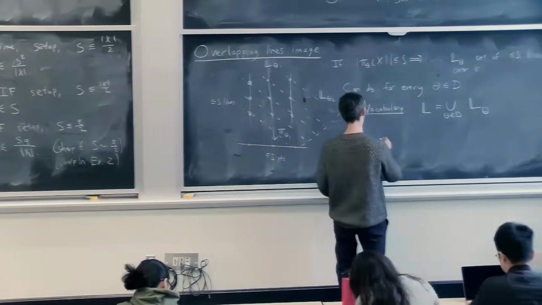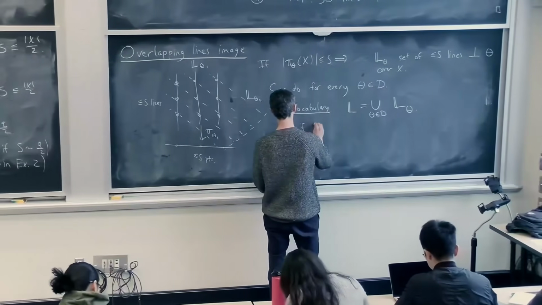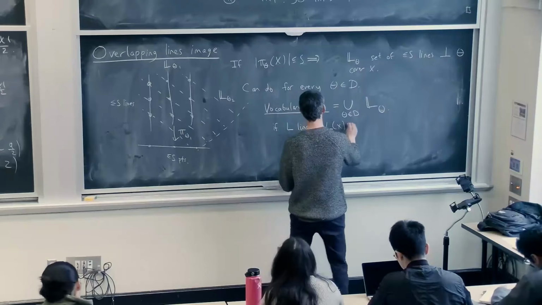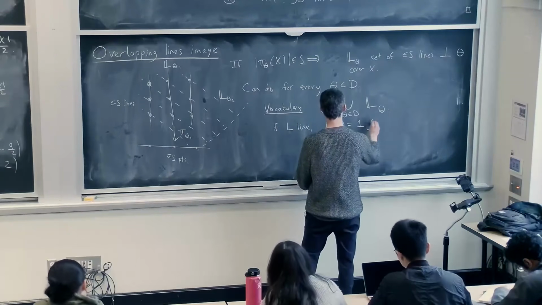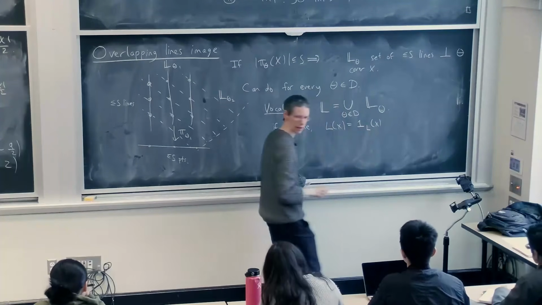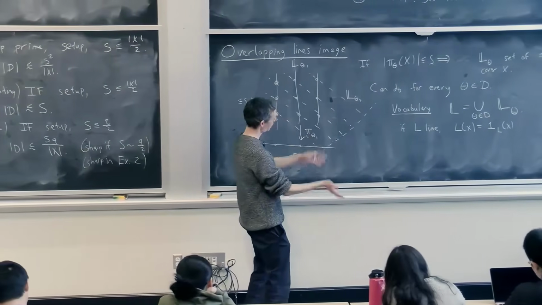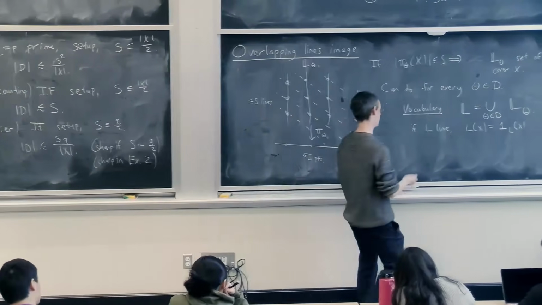If L is a line, I'm going to write L of x as an abbreviation for the characteristic function of that line, 1 sub L of x. And think about what happens when we add up all these characteristic functions.